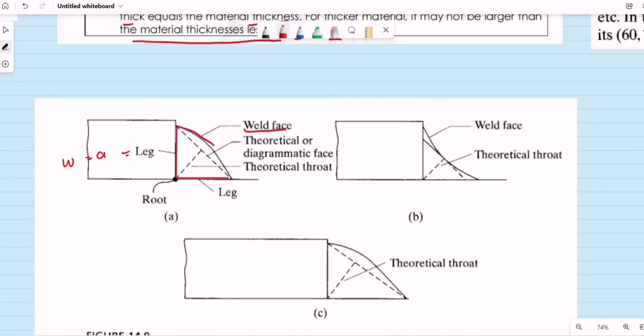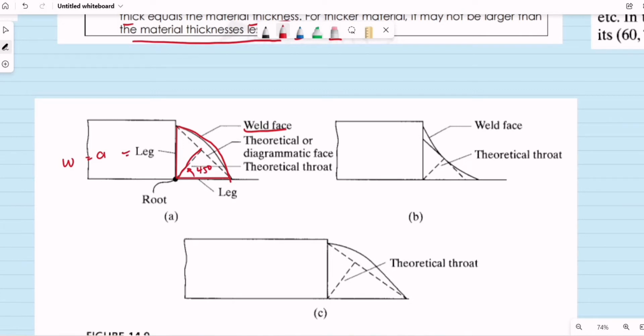This curved surface. Then we have the theoretical or diagrammatic face of the theoretical throat. This is assumed to be, or supposedly, 45 degrees.